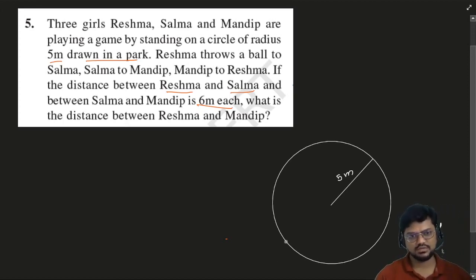So if this is the first one, this will be the second one, and this will be the third one. Let's say this is Reshma, Salma, and Mandeep. Reshma throws a ball to Salma, Salma to Mandeep, and Mandeep to Reshma. They are throwing balls like this.